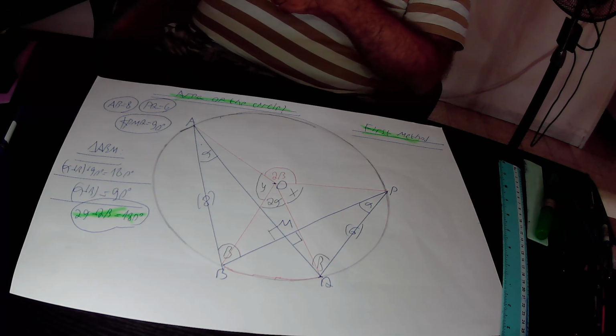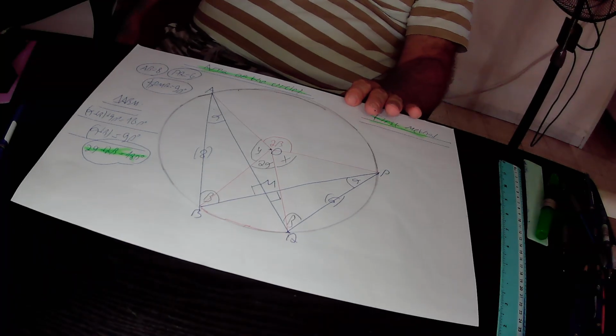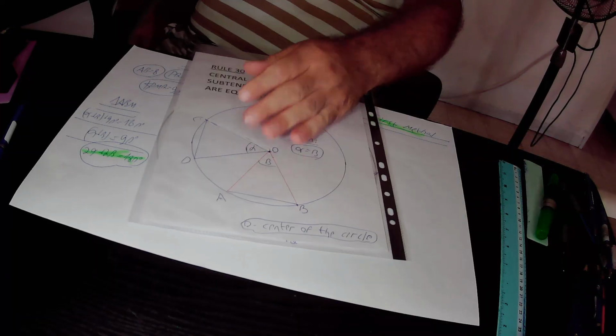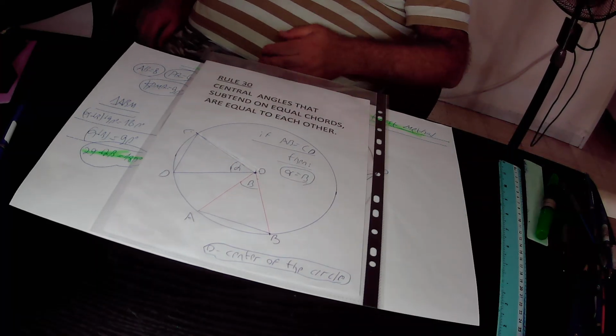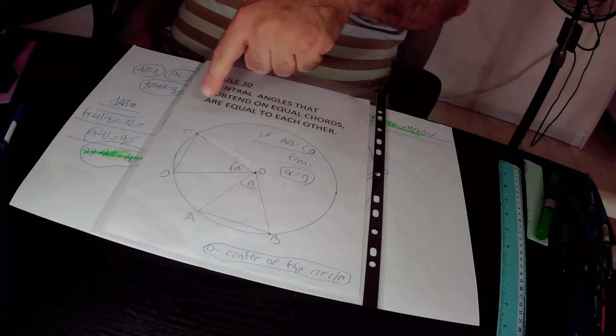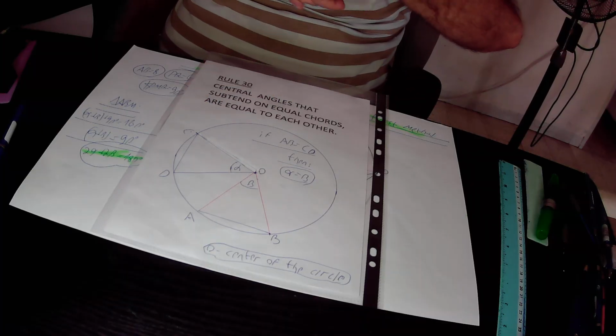In the next step, I implemented Rule 13 in our drawing. According to Rule 30, center angles that are subtended on equal chords are equal to each other. So in the lower drawing we have a circle. This is center angle COD that's subtended on chord CD.